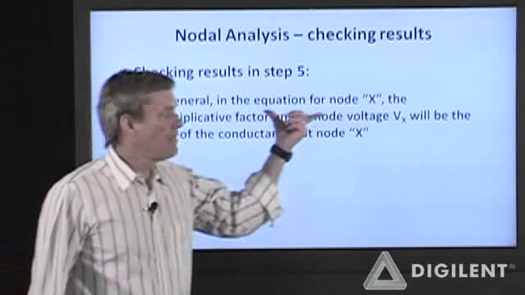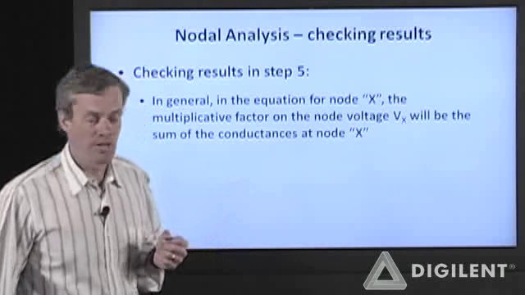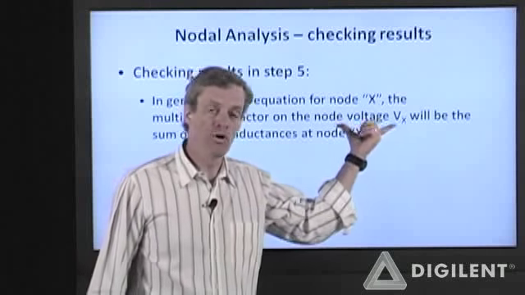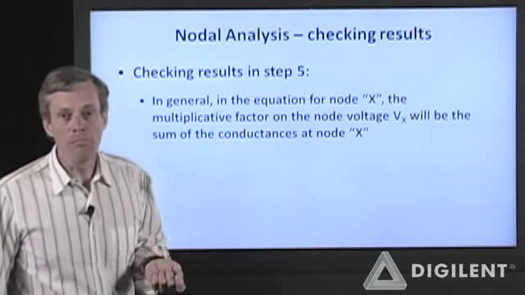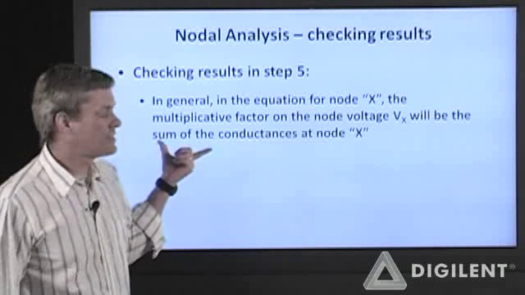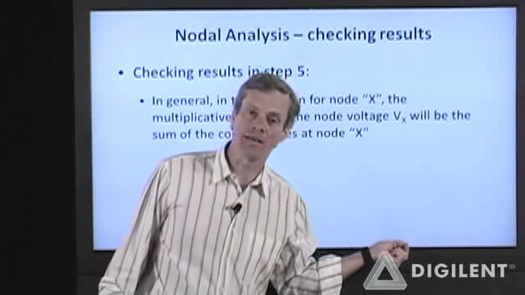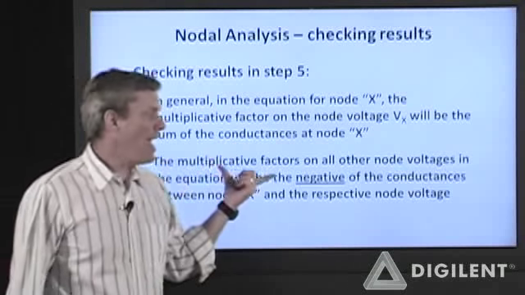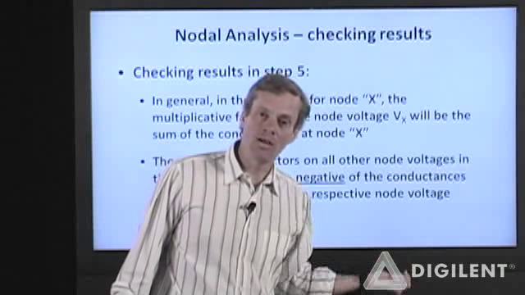In general, if you have an equation for node X, you will have some multiplicative factor on the node voltage for that node, V sub X. That multiplicative factor will be the sum of all the conductances connected to node X. Likewise, in the equation for node X, you may have other node voltages in that equation.